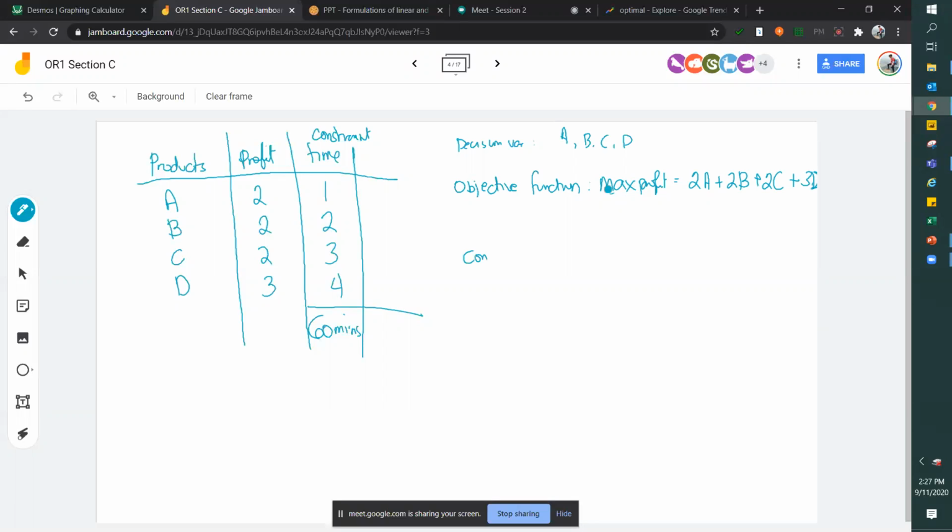And then, may constraints dito. Lalagay ko lang subject to. Sabihin natin na A plus 2B plus 3C plus 4D. Again, limitation less than or equal to 60.